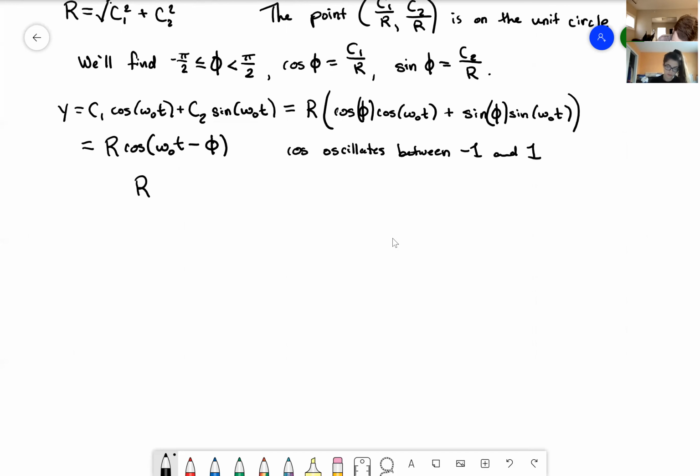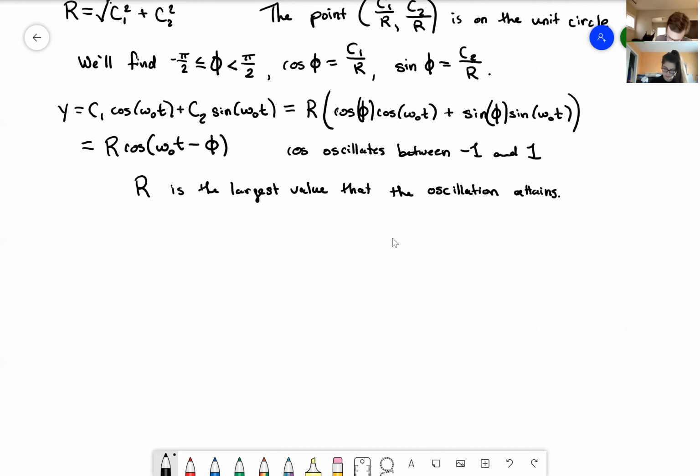So this R is the largest value that the solution, or let's say the vibration, let's call it the oscillation, attains. This is the largest distance that we go away from the equilibrium position, both in the positive direction and the negative direction.